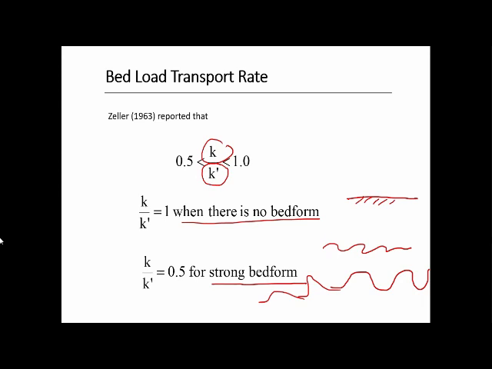Dia horizontal, no changes on the bed. Okay, so these are the two equations that you can use to calculate the sediment discharge when the energy slope is taken into consideration.